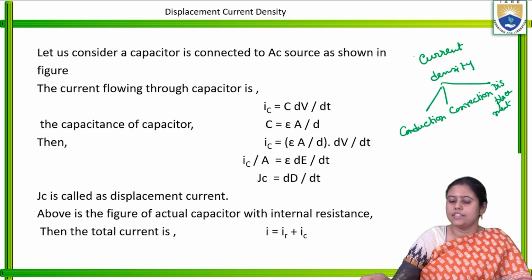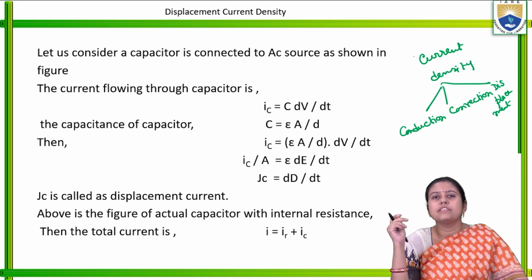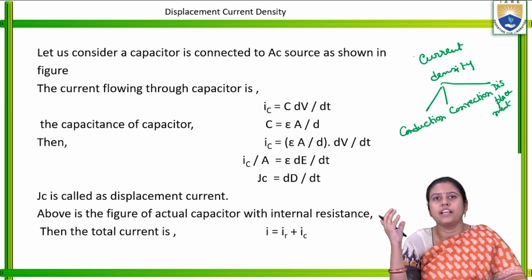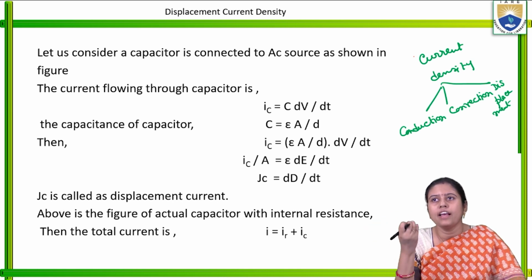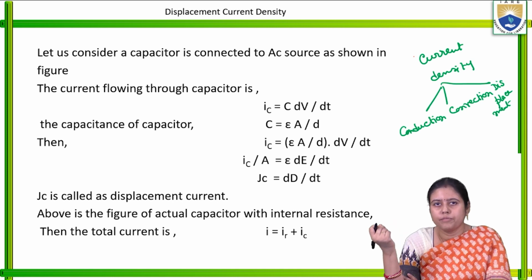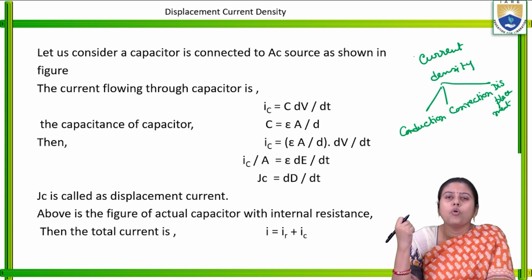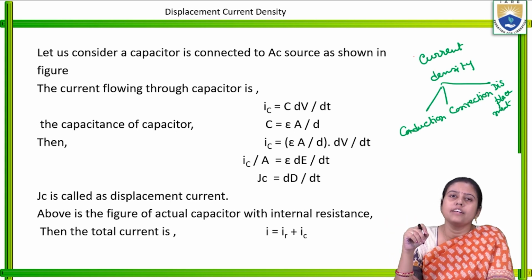Conduction current density means whenever current is flowing through any conductor, due to some force like the voltage, electrons are moving through the conductor, the current will flow, and current per unit area is known as the conduction current density. What is the meaning of the convection current density?